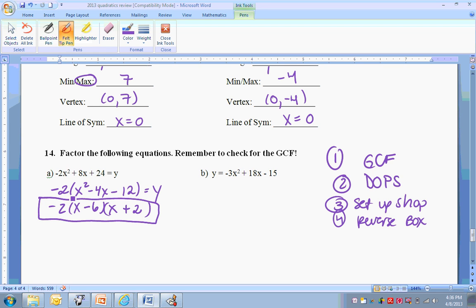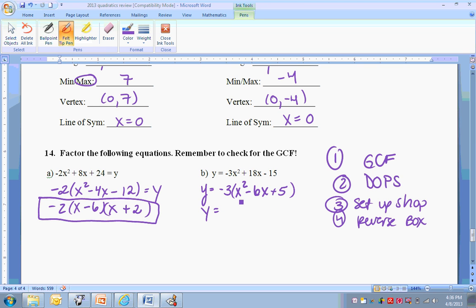All right, now the next one, I can pull out a negative 3 here. So it's y equals, I'm going to pull out a negative 3 out front. And I'm left with x squared minus 6x, because 18 divided by negative 3 is negative 6. And then negative 15 divided by negative 3 is positive 5.